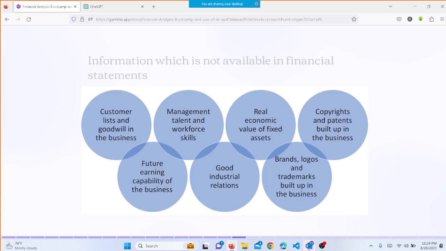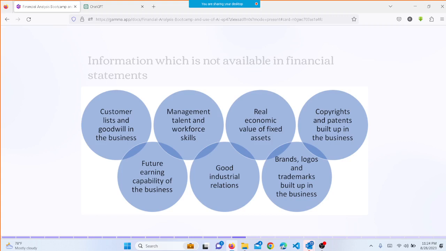So if unluckily or incidentally, our analysis is based on that 1 year where they spent a lot of money on branding, on marketing, on developing the copyrights or patents, and the money has been charged to expenses, the ratios will be very bad. So you may decide to say, "Hmm, this company is not good," right?